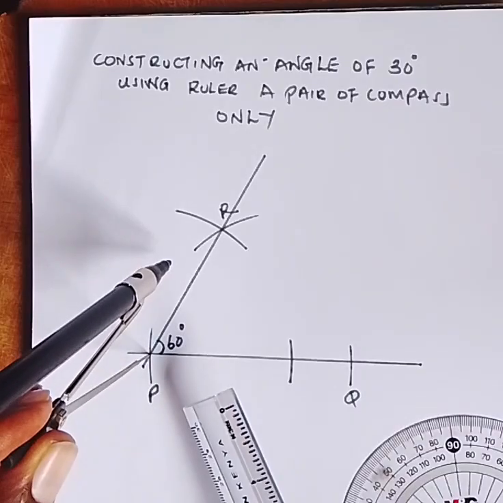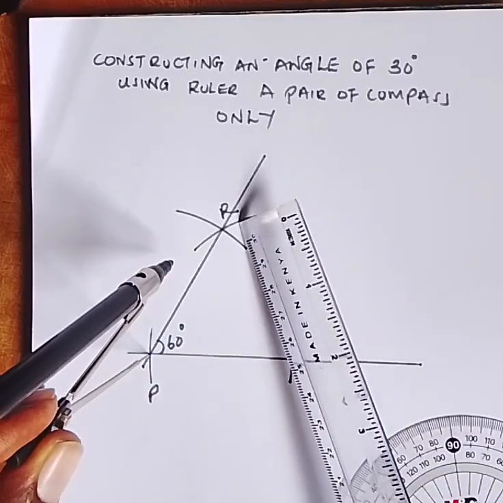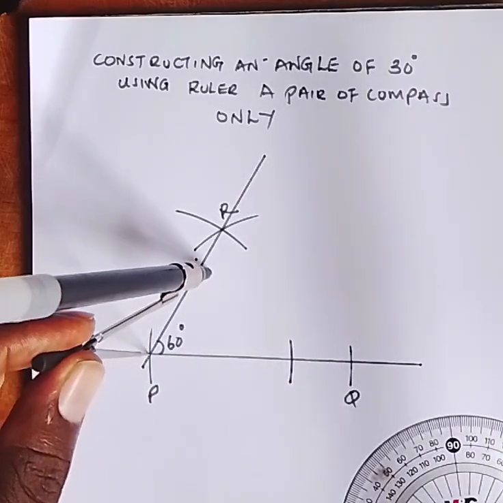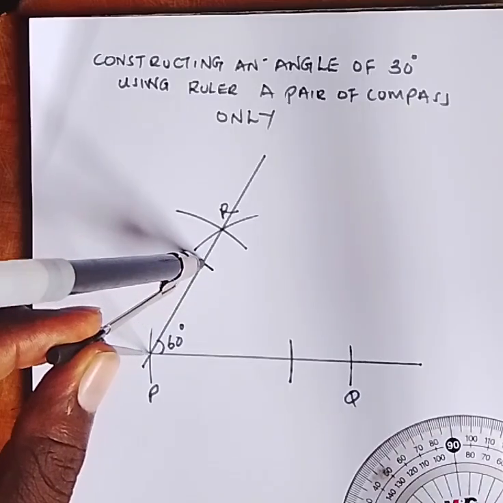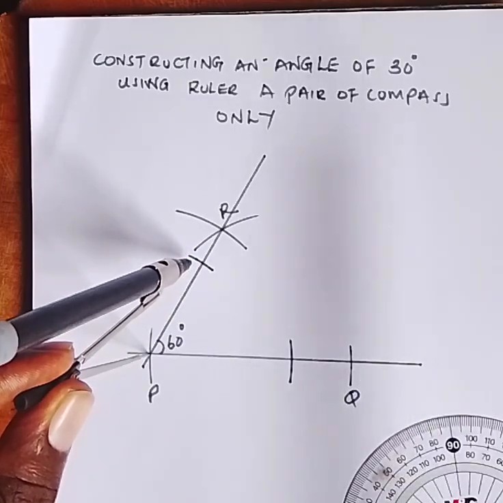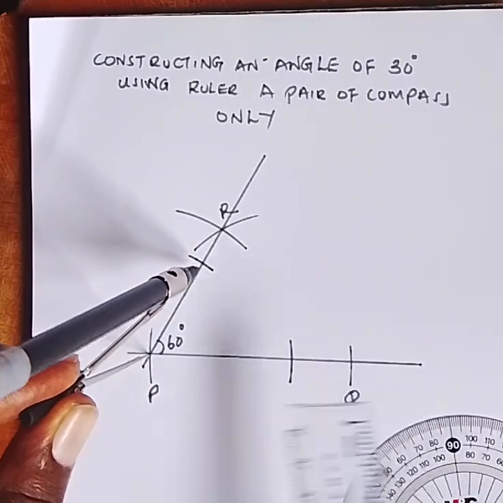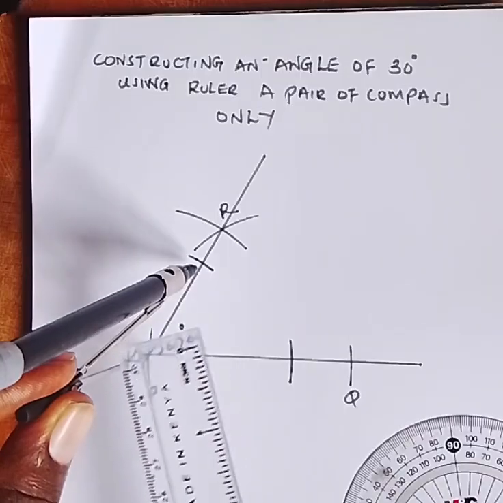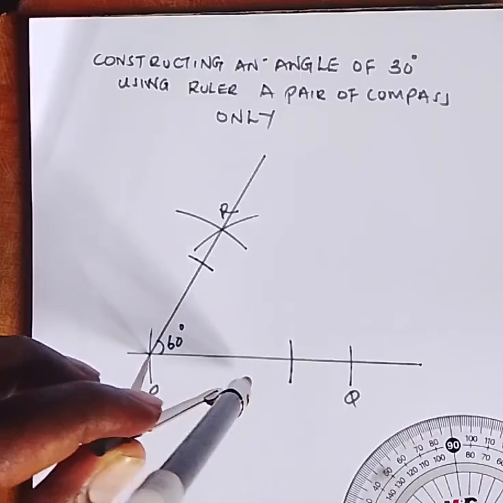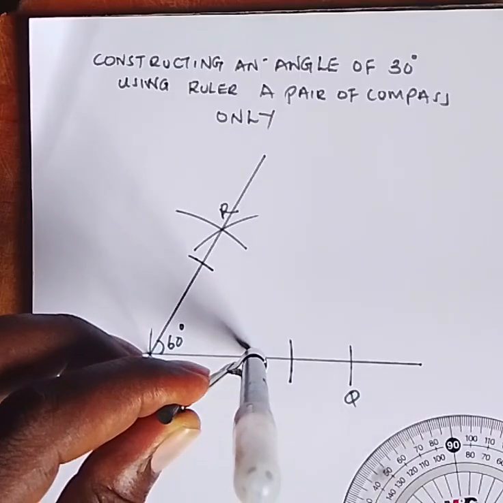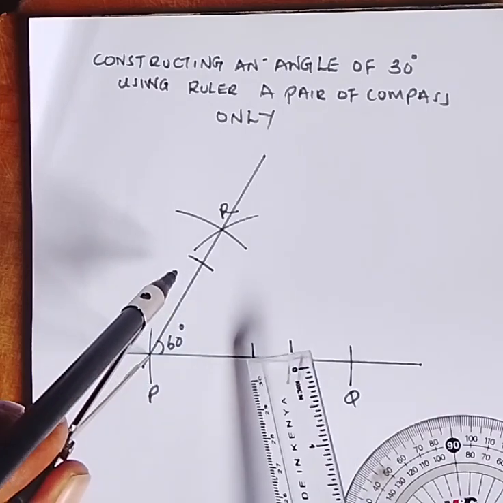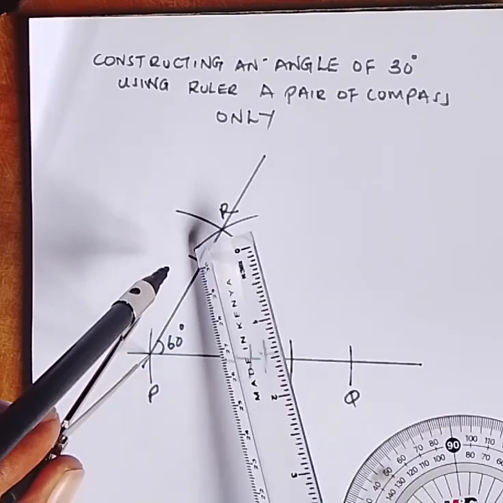So let's start with the arc on line PR. I make that arc on line PR. Then another arc on line PQ without changing this radius. You don't change this radius. I also make an arc there. So I have this arc and this arc.